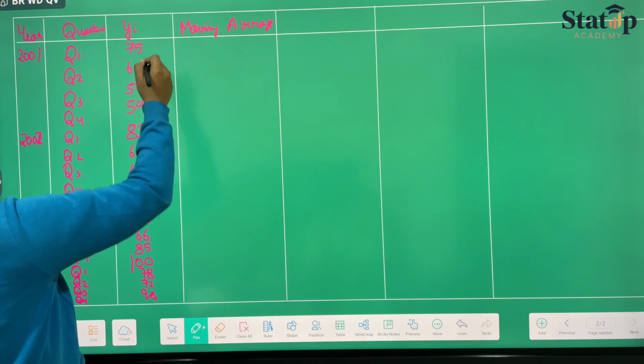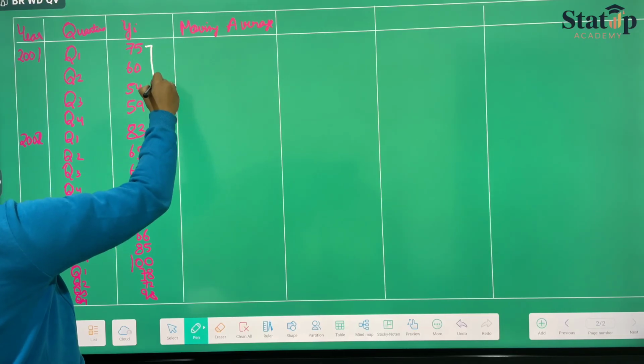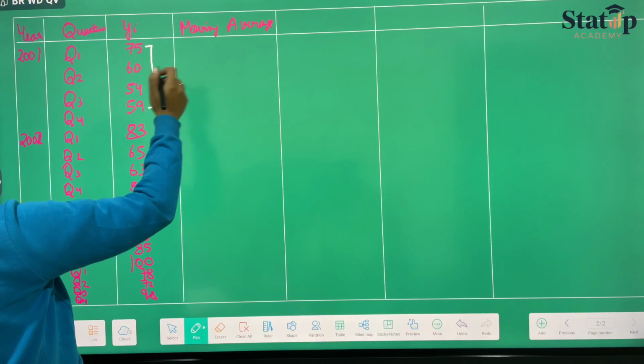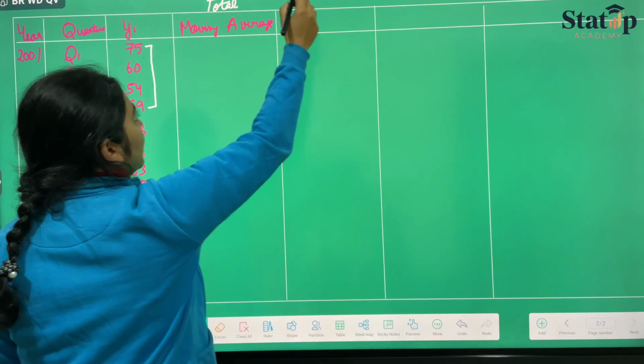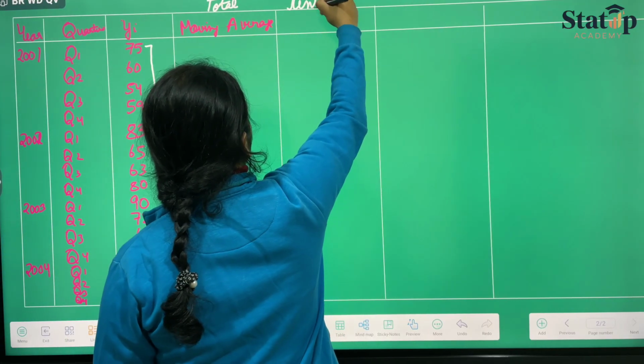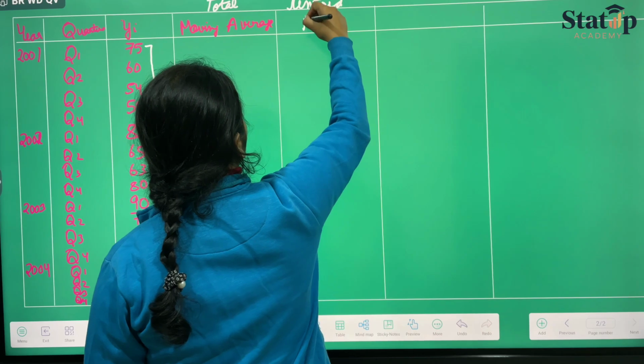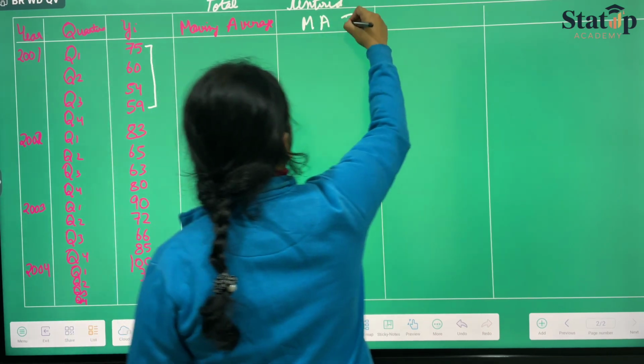So the first moving average would be from 1, 2, 3, 4. The moving average total. Then centered moving average total.